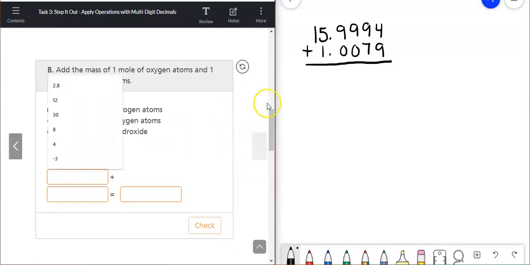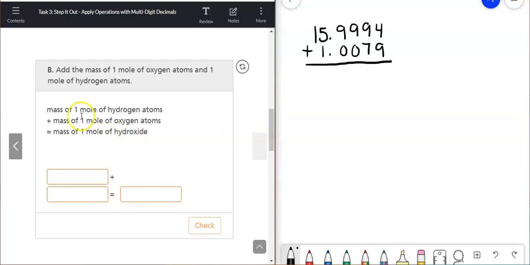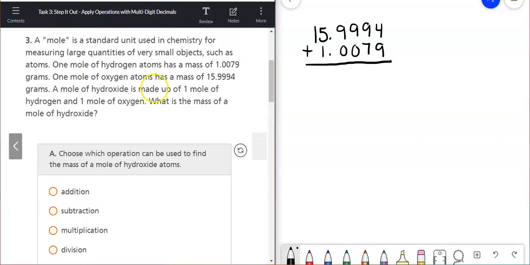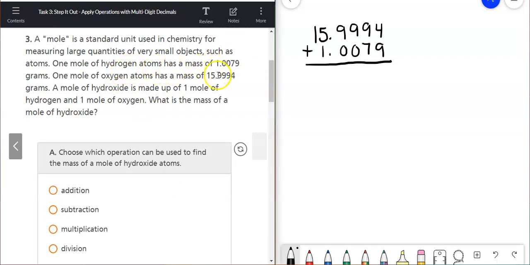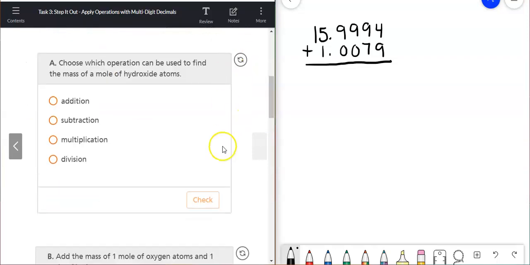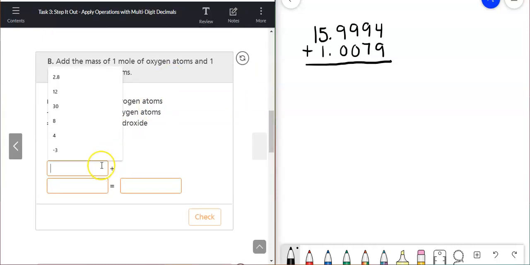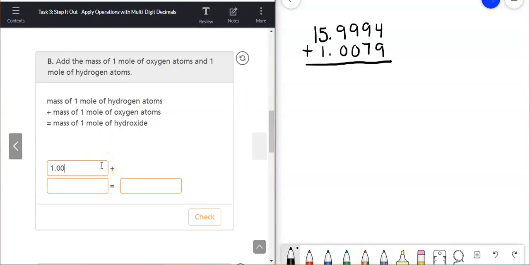So we are going to take the mass of 1 mole of hydrogen atoms, which is 1.0079, and the mass of the other one is 15.9994. And then we're going to add them together. I already set it up for you over here. I put the 15 one on top because I like the longer number on top.